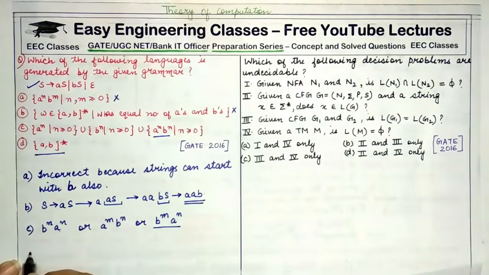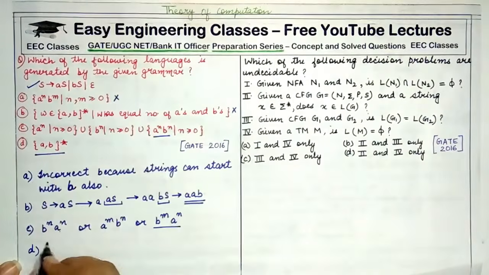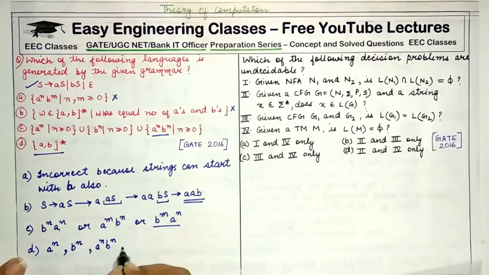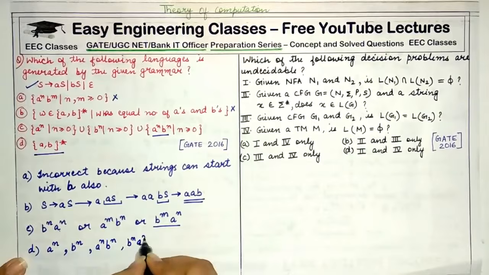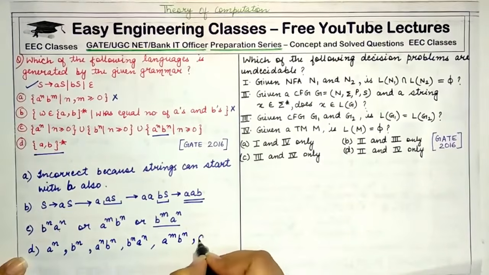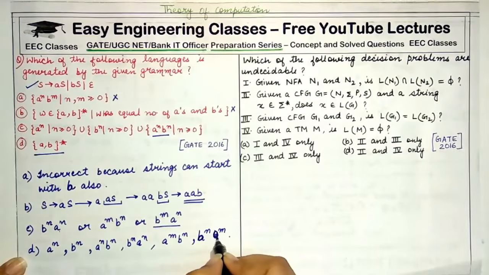Okay, and at the end when we come to option D, we find out what all strings can be generated using this grammar: A^n B^n, or B^n A^n, or A^m B^n, or A^n B^m. Sorry, B^n and this is A^n.